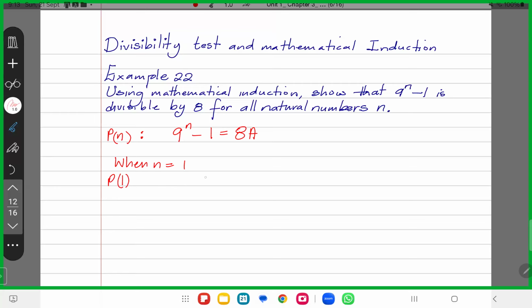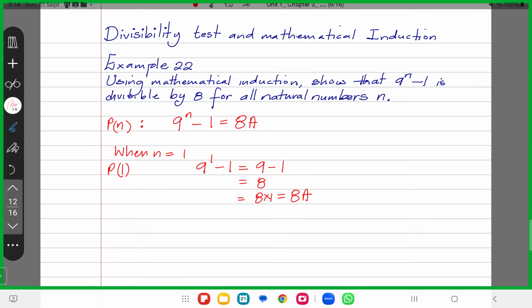On the left side, we have what? 9 to the 1 minus 1, which is equal to 9 minus 1, which is equal to 8, which is equal to 8 times 1, which is the same as saying 8 times a whole number. This time, the whole number is A. So the whole number A here in this case is 1. So the statement is true.